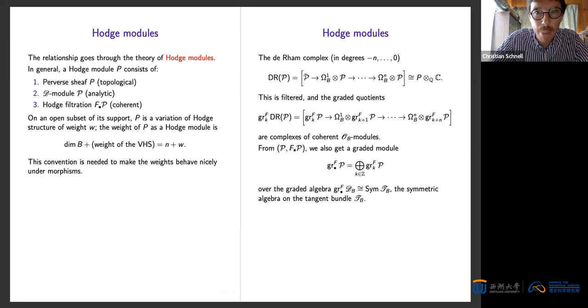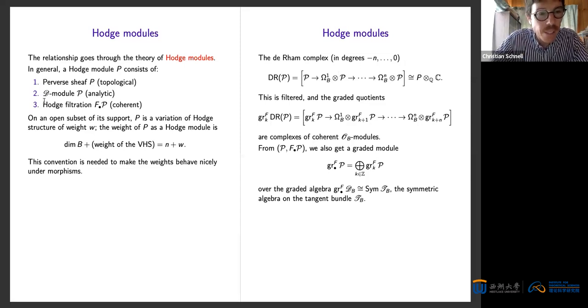So for example, I have a map from the D module P to the sheaf of 1 forms times P, where I take a basis for the vector fields, take a dual basis for the forms, and then act by the vector fields. This complex is actually the complexification of this perverse sheaf P. This is the so-called Riemann-Hilbert correspondence. So the topological and the analytic data are related by this de Rham complex.